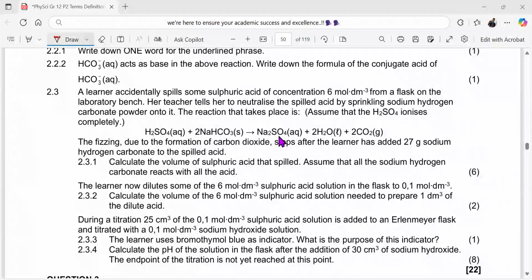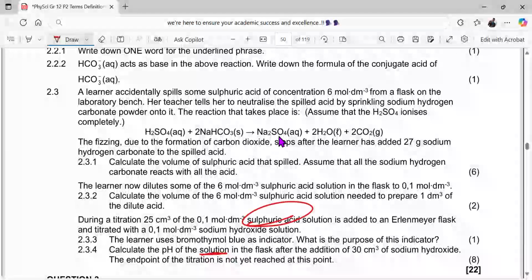All right. Now they say, calculate the pH of the solution, not the pH of sulfuric acid. That's how it differs from the previous question.